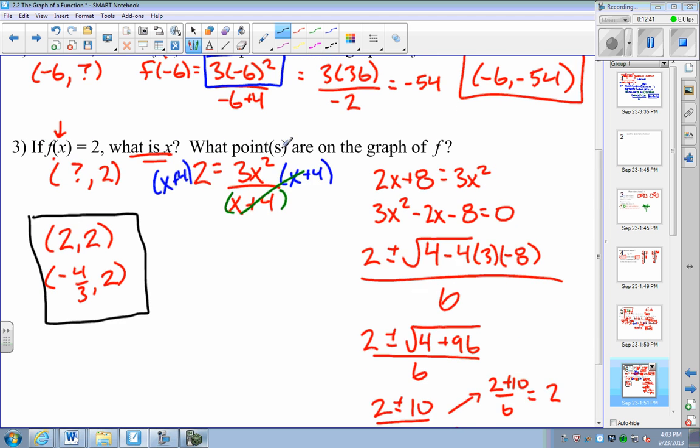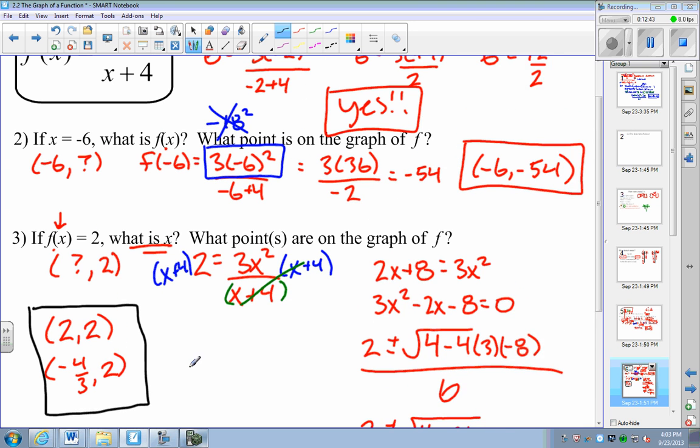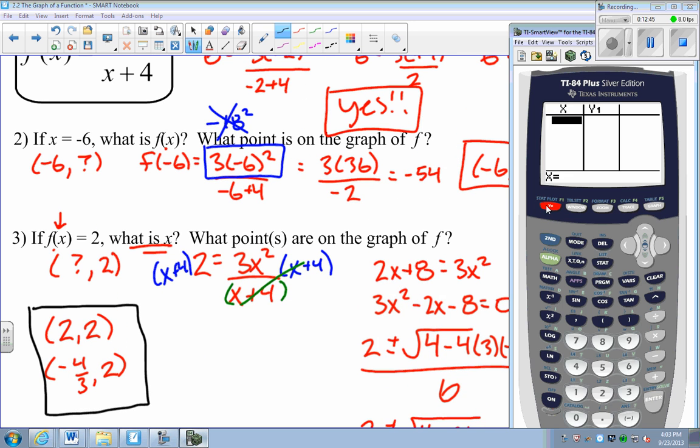All right, you want to check these answers. Go to your trusty calculator, go to your y equals, make sure you divide it by the entire thing on the bottom. Now I went to the table set and I put this independent on ask. So that's when I come over here to the table, I can quickly look.